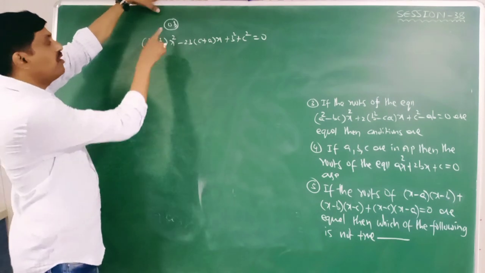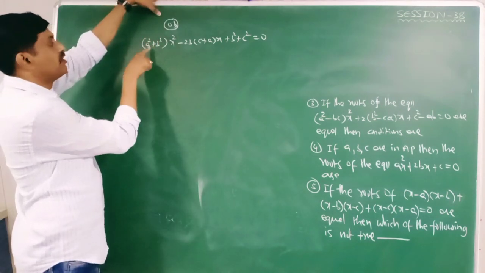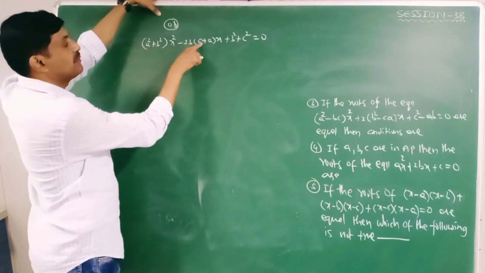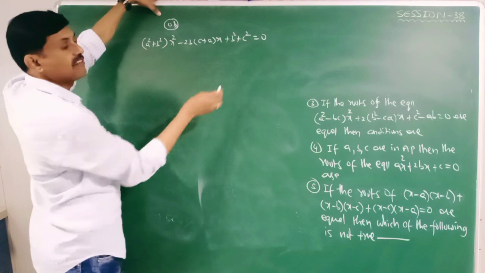Or we can solve it by another method also. (a² + b²)x² − 2(bc + ab)x + b² + c² = 0.